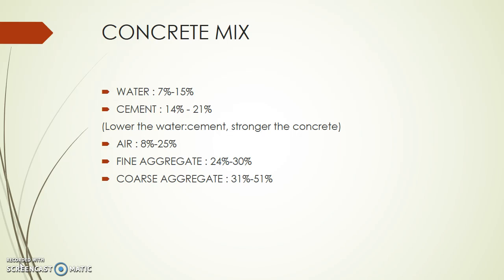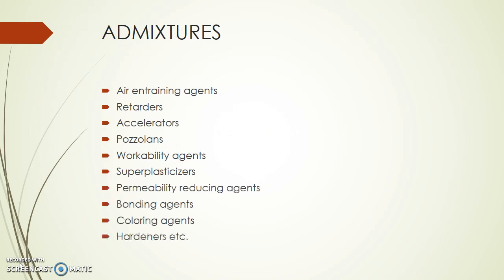Rich is the mix where cement and water ratio are almost equal, and lean mixes are where the cement is less and the water is more. And again, they are classified into air entrained mixes and non-air entrained mixes. As I said, the air entrained mixes have high strength and durability.